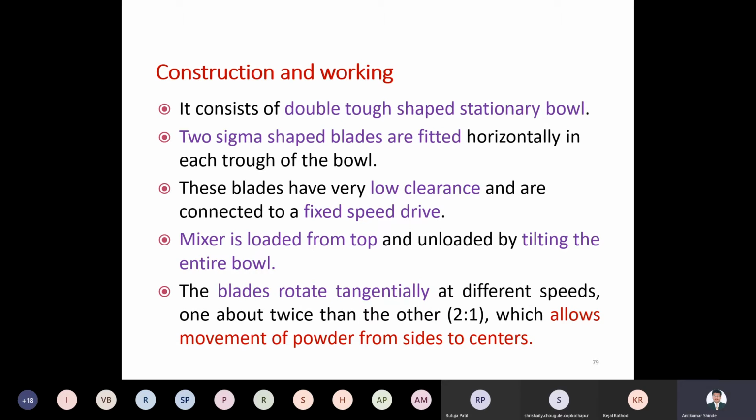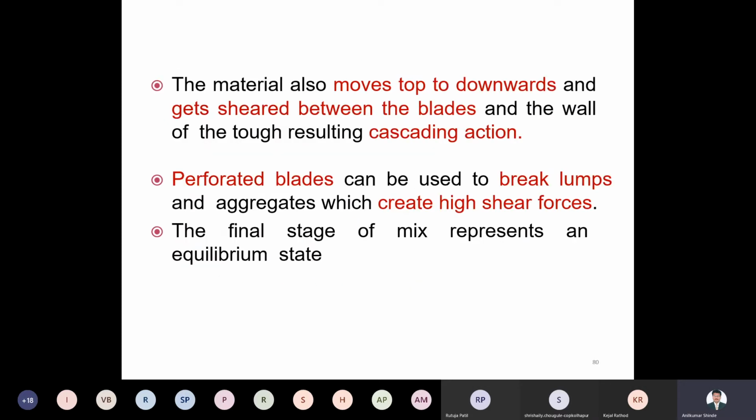Understand it? So the material can come from one place to another very easily at the center, and mixing is possible. Then the material can also be moved to the downward side and gets sheared. So every time, the material goes upward and again downward.